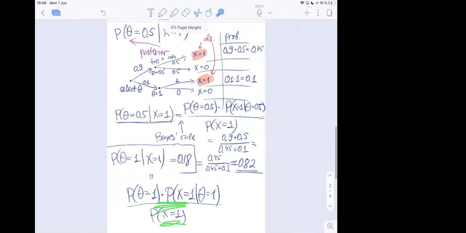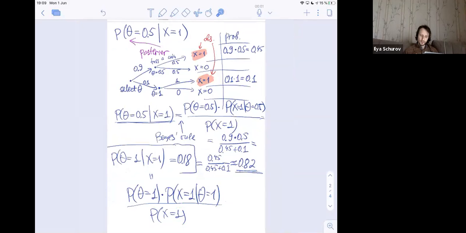Does the value 0.82 depend on the probabilities 0.9, which we have chosen before doing all this calculation? Yes, they depend, and this is very important. You see in our calculations that we use these numbers, and if we change these priors, then we will get different results here. Actually, this Bayes rule connects three things.